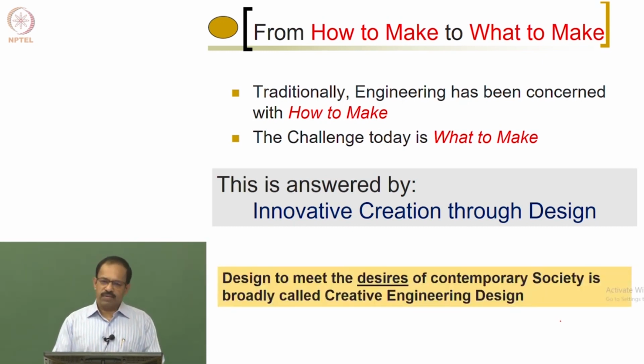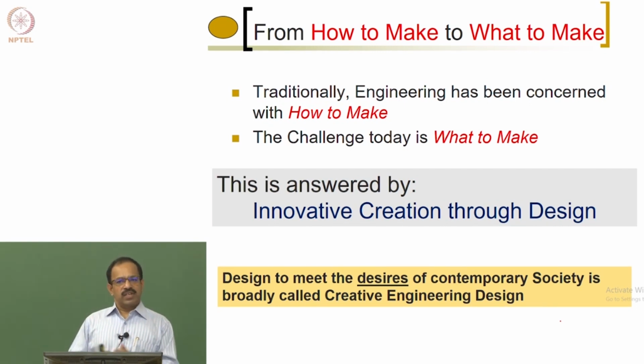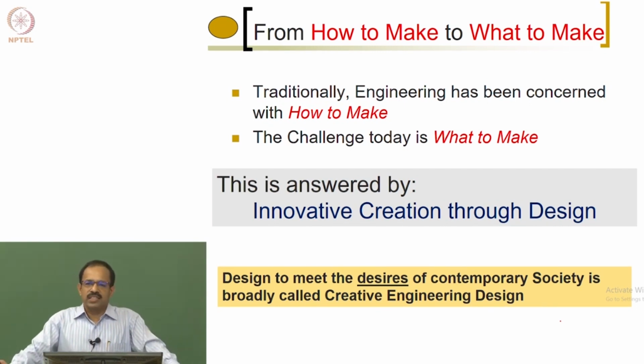So the purpose is to meet the desires of contemporary society, and when you try to meet the desires of contemporary society, then we call it creative engineering design. That is, there is a need for something in the market and people are looking for it, and if you can satisfy that through innovative methods, then we call it creative engineering design.